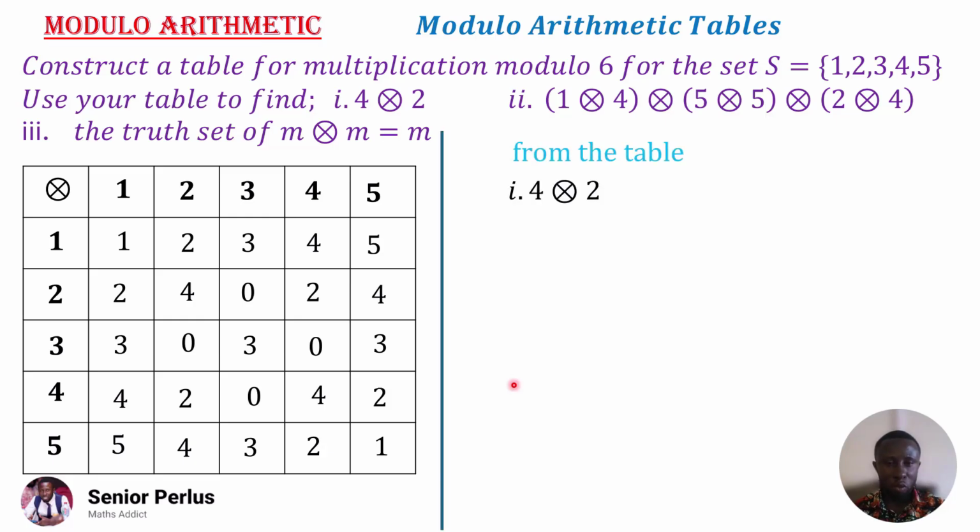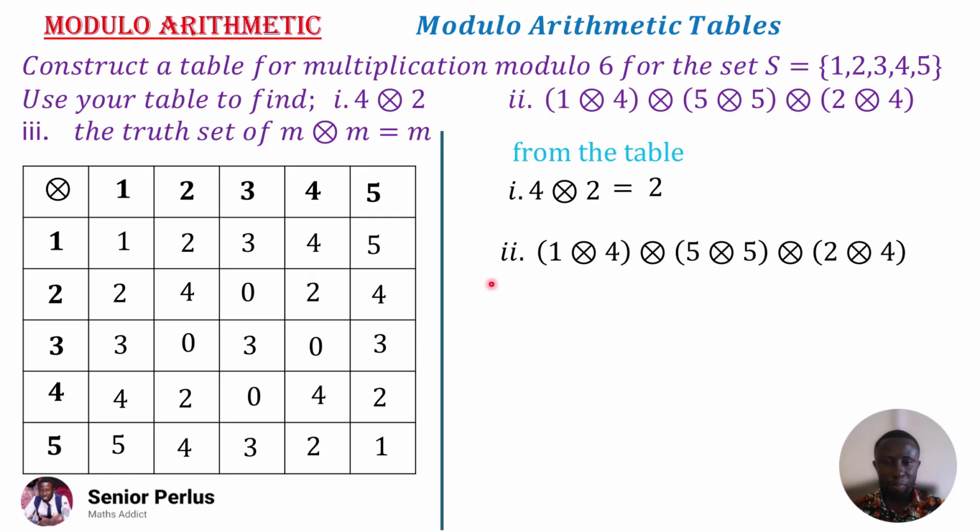So let's use our table to solve. 4 times 2. Here, 4 times 2 is 2. Good. So from here, let's build this. 1 times 4 is 4. Then continue. 5 times 5 is 1.